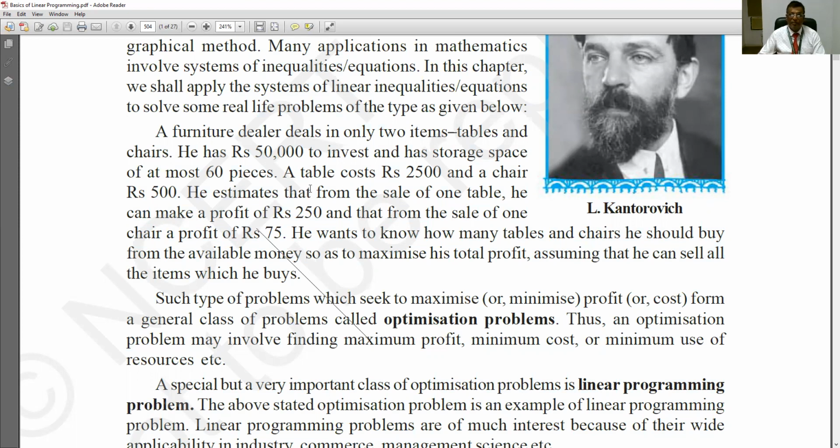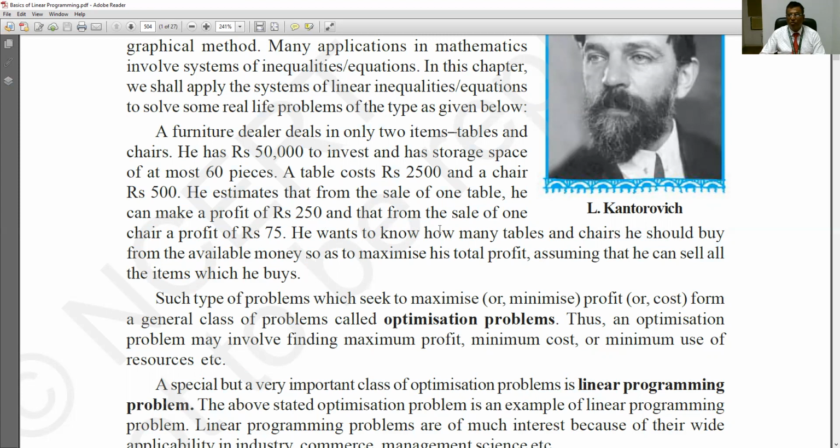He estimates that from the sale of one table, he can make a profit of rupees 250. Means if the shopkeeper is selling one table, he is getting a benefit of rupees 250, means 10%, and he makes a profit of rupees 75 on the sale of one chair.